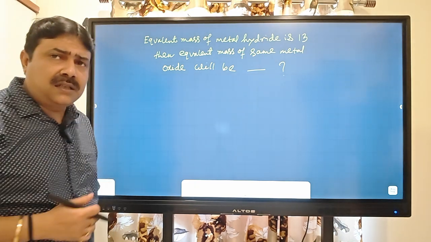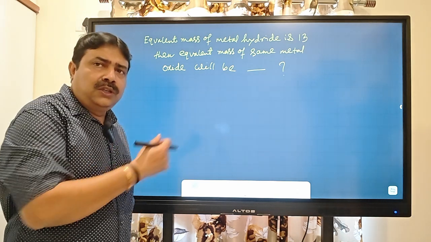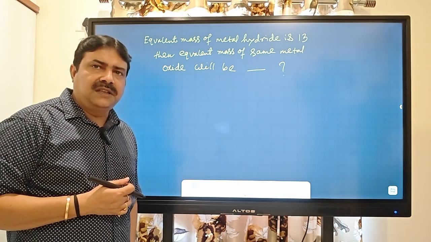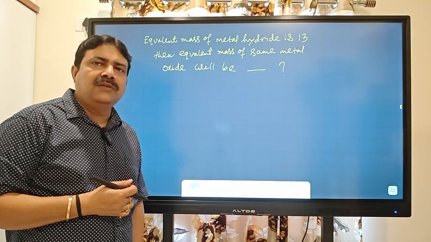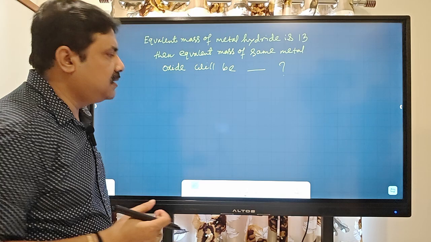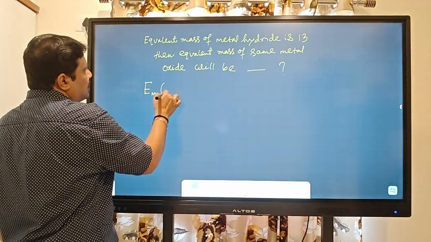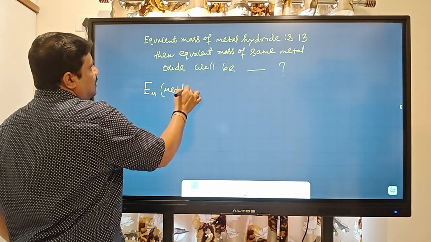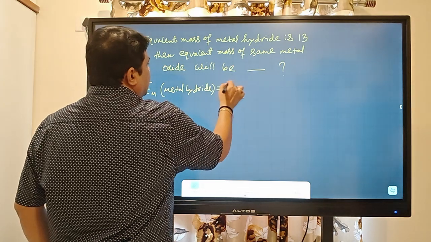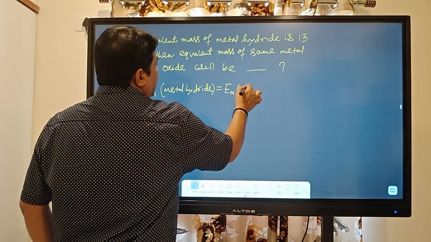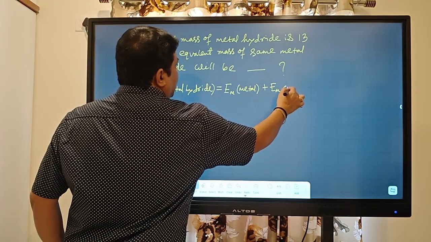Just now when I started the equivalent concept, I told you that idea. I told you equivalent mass is an additive property. Based on that idea, we will solve over here. Equivalent mass of metal hydride will be equal to equivalent mass of metal plus equivalent mass of hydrogen, because both are additive property.